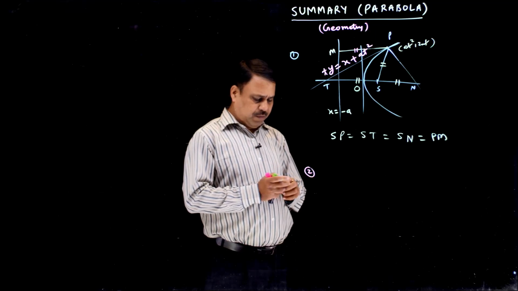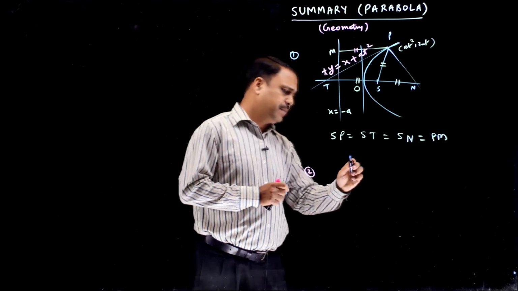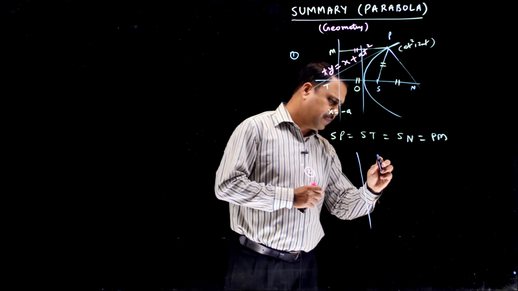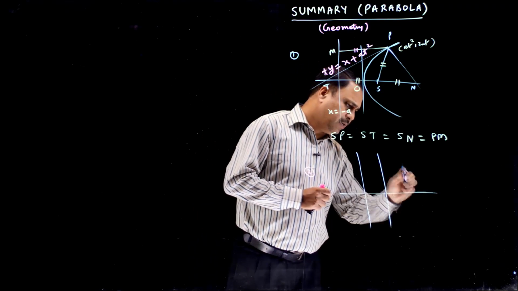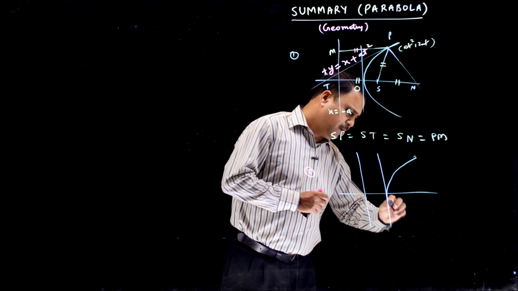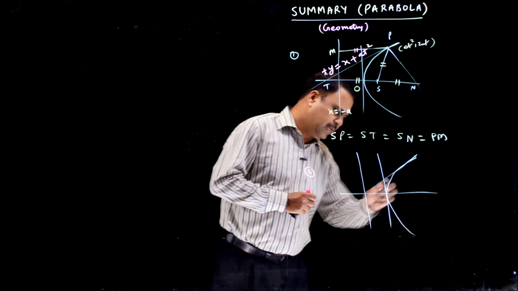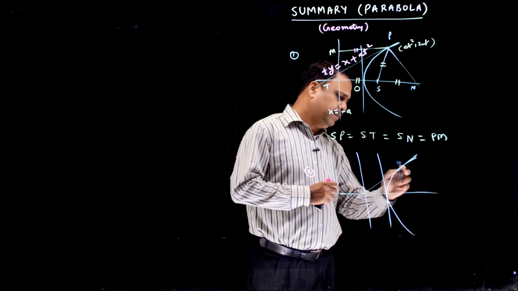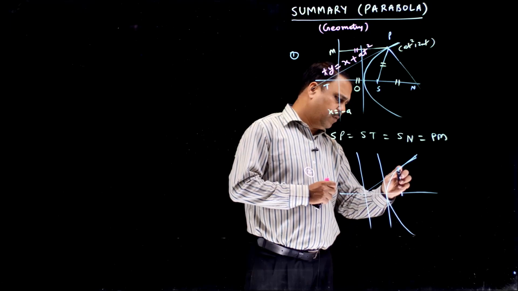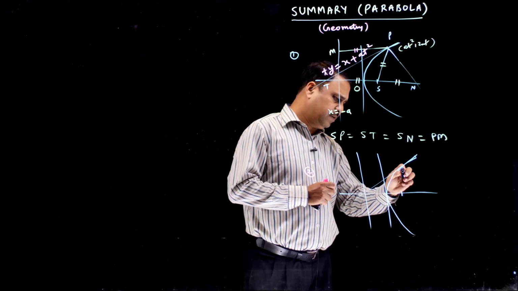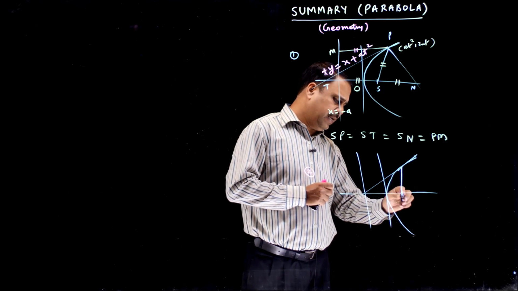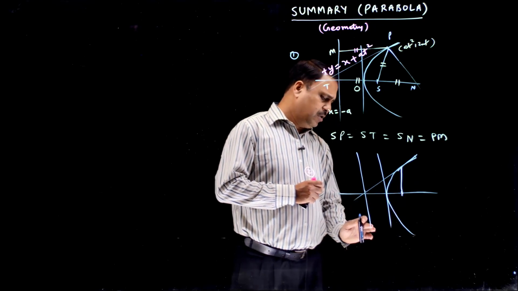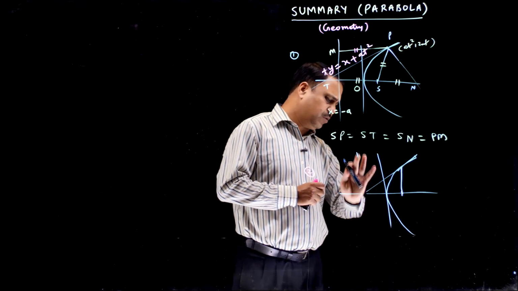Second most important property is the portion of the tangent intercepted between the directrix and the point of contact. This always subtends a right angle at the focus. I am taking this directrix here slightly so that you can understand better.